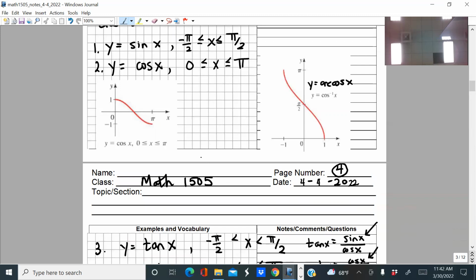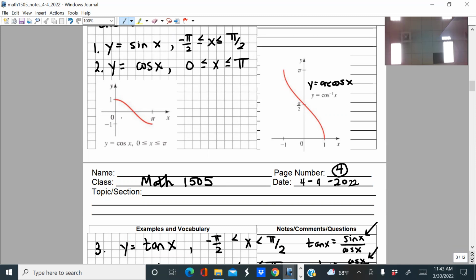For cosine, we can also restrict its domain to get a function that has an inverse. However, we're going to restrict the domain slightly differently, so you have to keep this in mind. The restricted cosine function, its domain is 0 to pi, not minus pi over 2 to pi over 2, but 0 to pi.